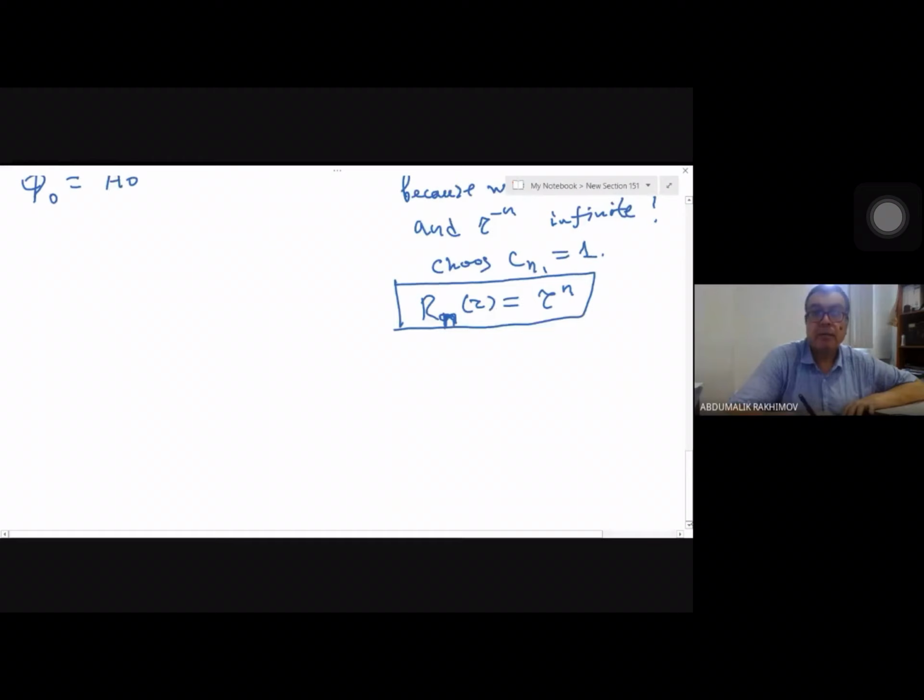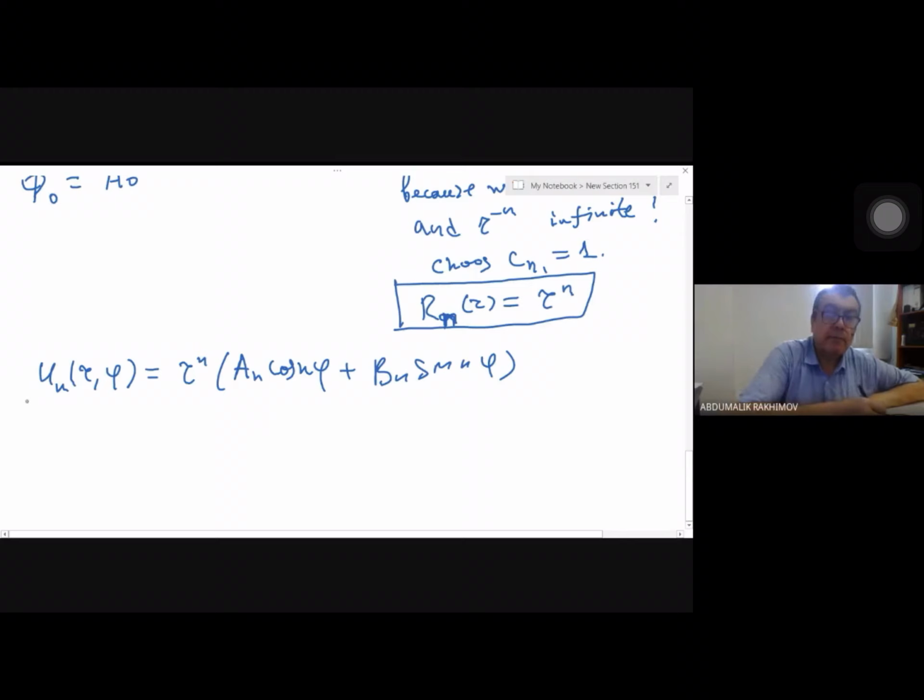Then we have many functions U, right? We have Un(r, phi), which is equal to r to the power n times (An cosine n phi plus Bn sine n phi). So we have many functions like this.